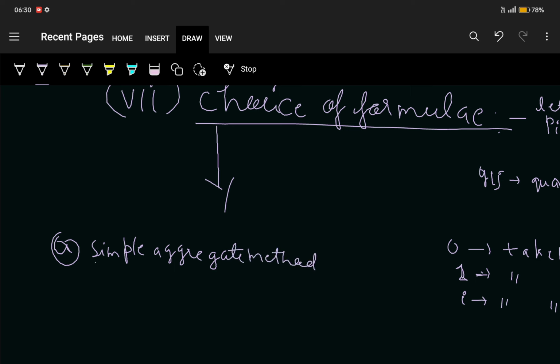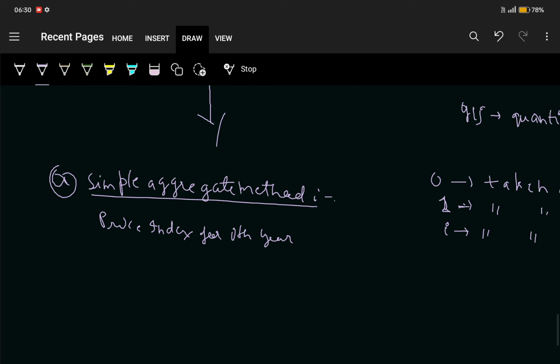Price index for ith year is denoted by P0i, base year यहाँ 0 है, so summation of prices of all the commodities in the ith year, and summation of prices of all the commodities in the base year, into 100.